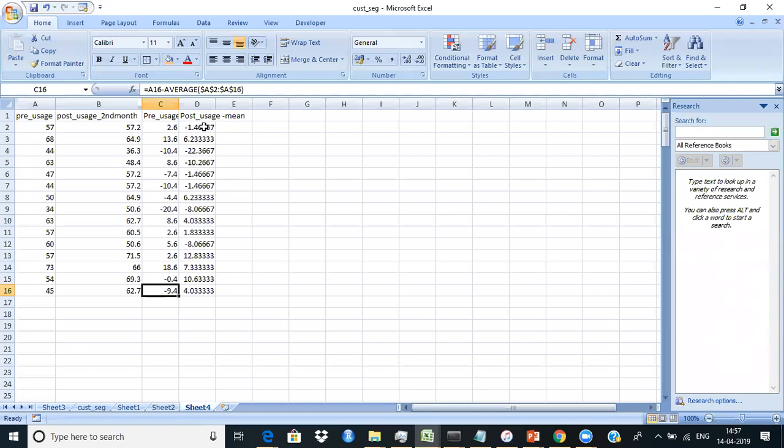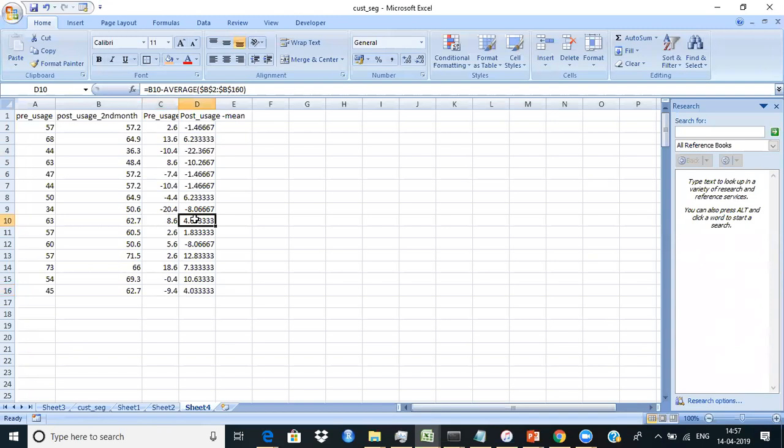If two variables are positively correlated, then a negative value here should imply a negative value here as well, isn't it? Because they are moving in the same direction, right? Similarly, if two variables are positively correlated, a positive value here should indicate a positive value here. Do all of you understand this concept?